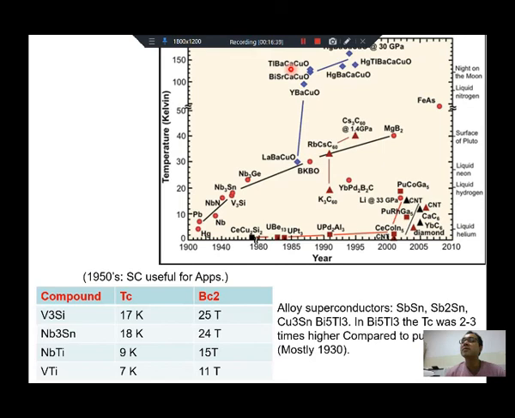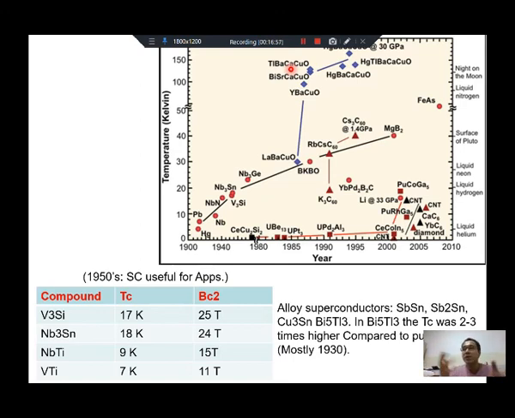So the real breakthrough which is needed is to have superconductors which operate very close to room temperature or at room temperature, and to have materials such that you can draw them into wires.